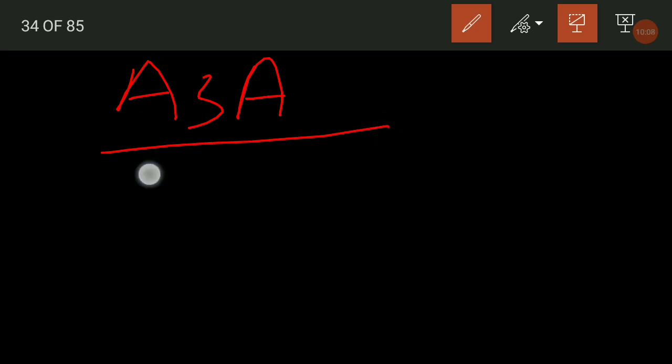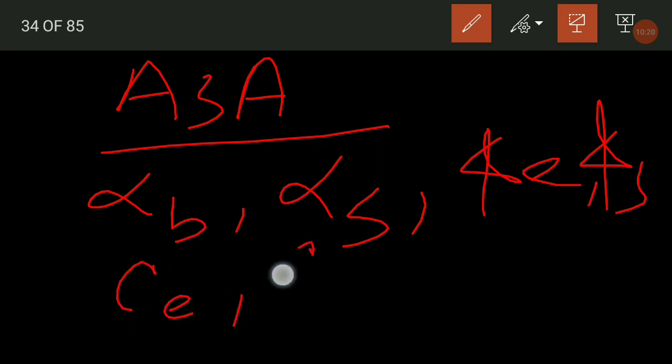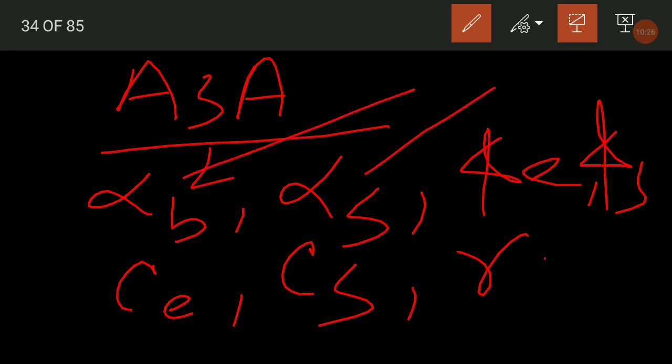So in ASA we have alpha B, alpha S, phi E, phi S, CE, CS, and R. Now alpha B is your back rake angle, alpha S is your side rake angle, phi E is relief, or you can also call it clearance. So this is the end relief angle or end clearance angle, whatever you want to say.